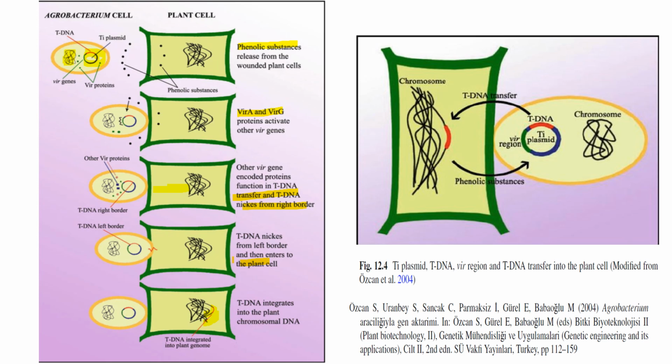Now you can see here, this is Agrobacterium tumefaciens having a Ti plasmid. The Ti plasmid has tDNA, and what causes the tDNA to move in? Obviously the phenolic substances attract the bacteria toward the plant cell, and when the bacteria attaches itself to the plant cell, the Vir proteins present inside the bacteria activate the Vir genes, and the Vir genes then prepare for transfer of this tDNA inside the host genome, and as a result the host genome is modified.